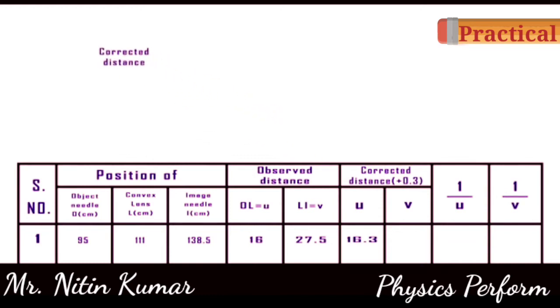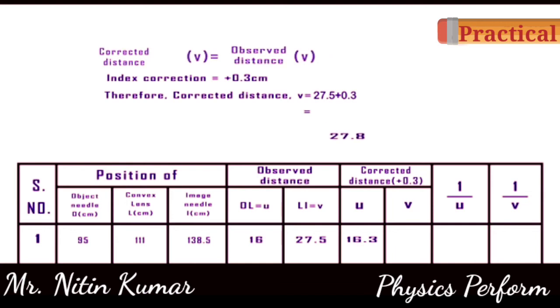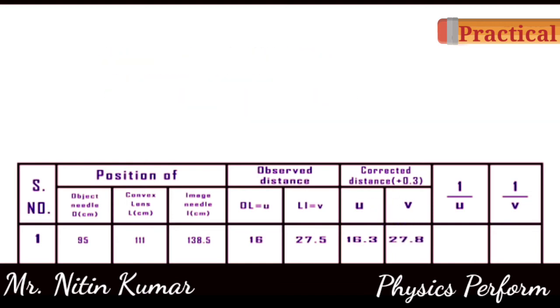Corrected distance V is equal to observed distance V plus index correction V. Index correction is equal to plus 0.3 centimeters. Therefore, corrected distance V is equal to 27.5 plus 0.3 centimeters, which is 27.8 centimeters.